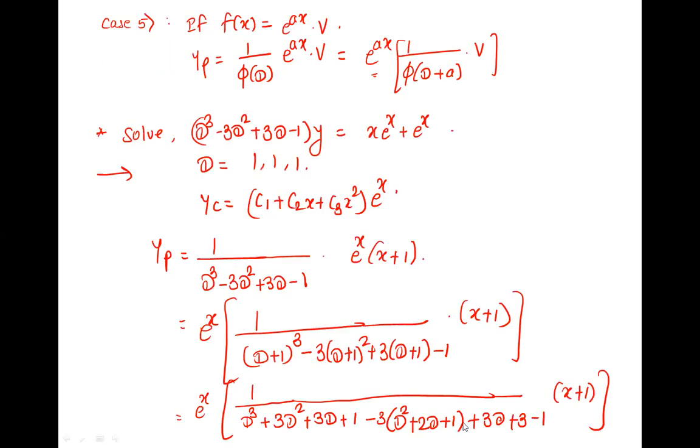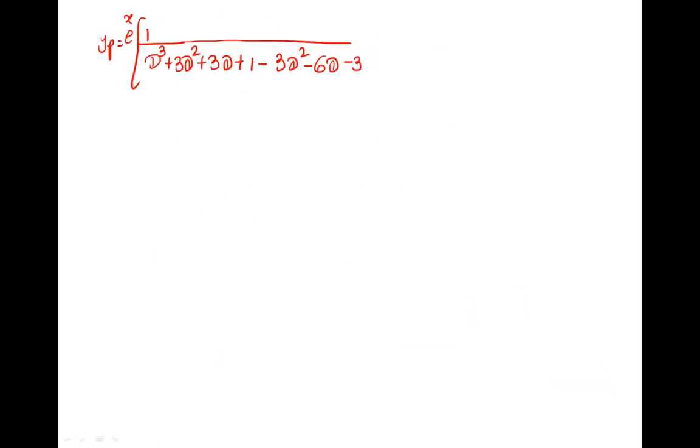Can you tell me the terms, please? d cube plus 3d square plus 3d plus 1, minus 3d square, minus 6d, minus 3, plus 3d, plus 3, minus 1, that is 2, on your function, here it is x plus 1.